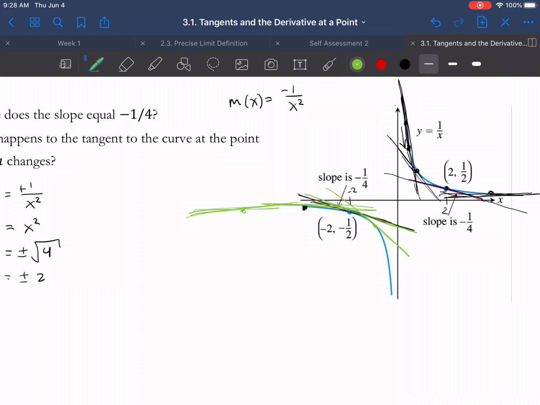And as we move along, our slope is going to rotate around like this and become more and more negative. So on the negative side of the graph, our slopes become more negative, starting at zero. And on the positive side, as we move toward the right, we start off at a very negative slope, very steep and vertical, and move toward a zero slope.